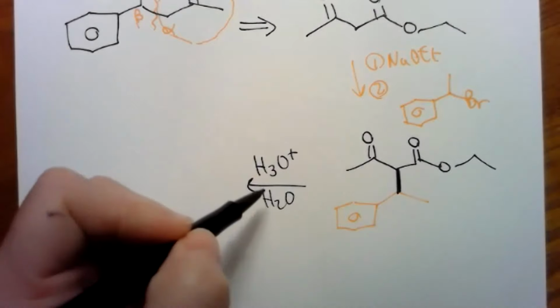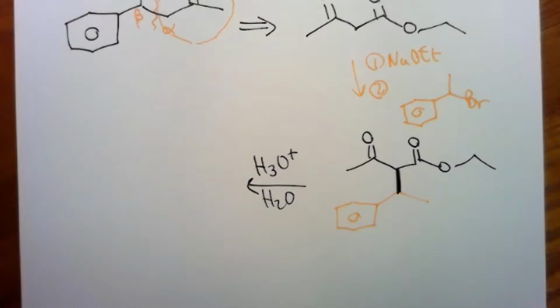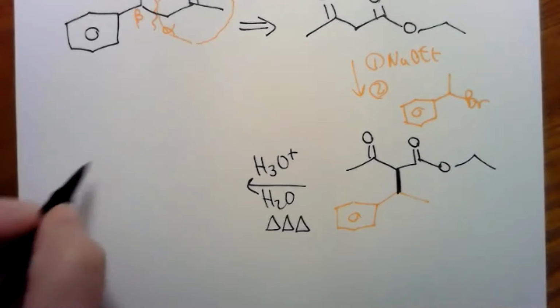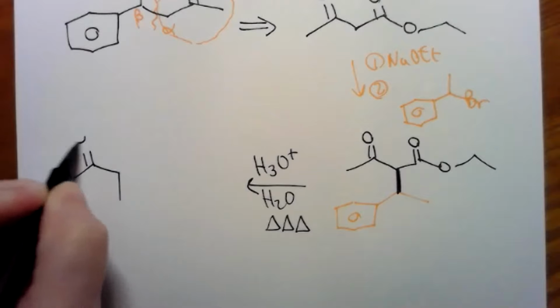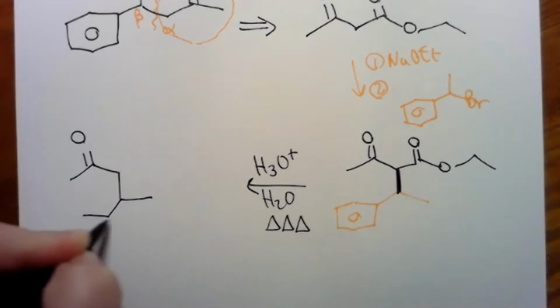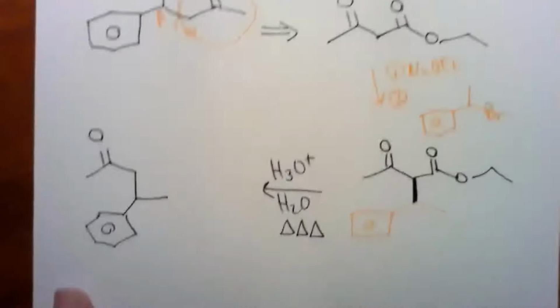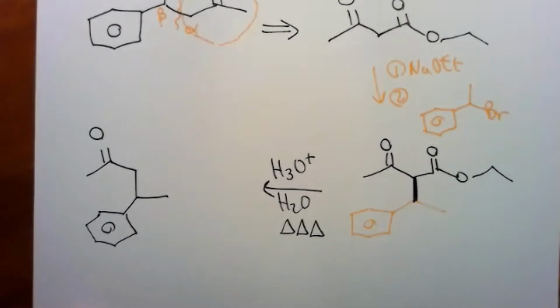So I can hydrolyze in acid. That will make sure that I get a carboxylic acid and not a carboxylate. And if I heat it at the same time, I get my product all in one step. It's drawn in a little different orientation, but it's my product, I promise.